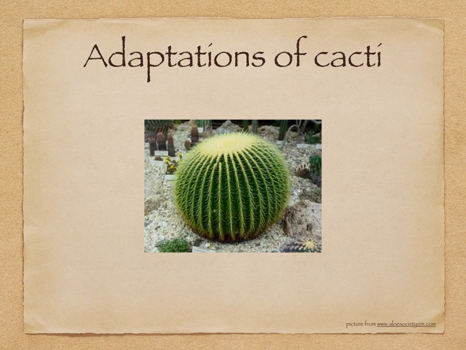Have a look at this cactus. How is a cactus adapted to a dry environment? Well, cacti can reduce water loss and conserve water in the following ways. Their leaves are reduced to spines, so this reduces the surface area of the leaf over which water can be lost.